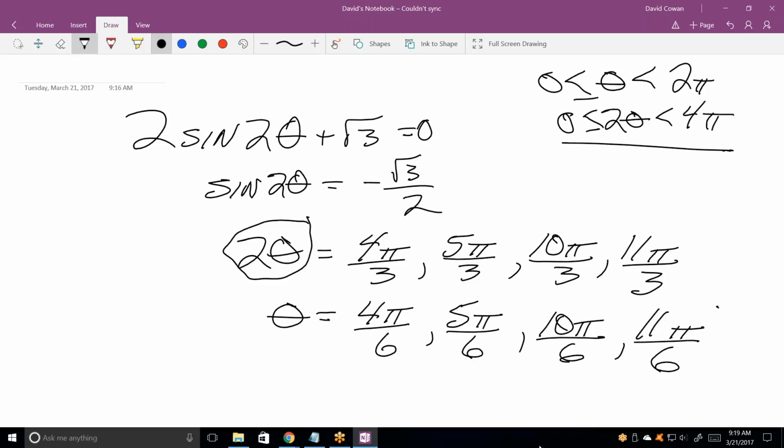Now, if this was 20 theta, then I would have to go out to 40 pi. And if you divide each one by 20, you end up with theta being all in the unit circle, but surprisingly, you end up with 4 answers, not 2.